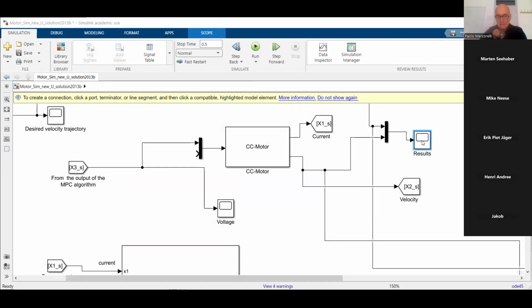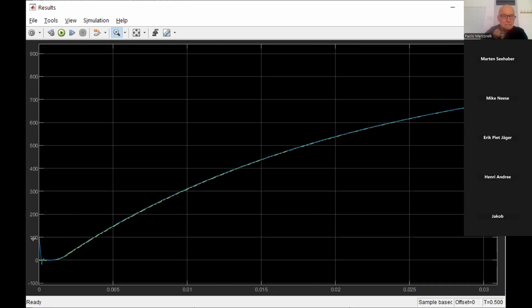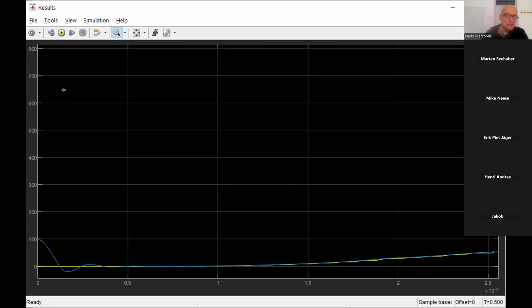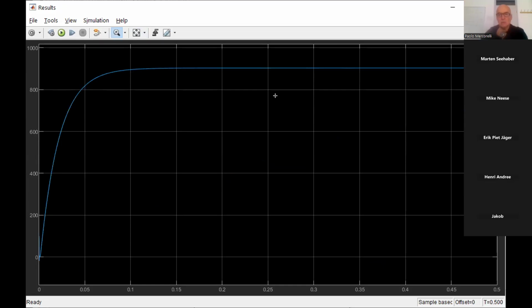Let me show how strong this controller is. Look at the beginning. Do you remember I put in condition 0 current and velocity 100, something like that. You can see after some steps, the result is quite good. The controller works.